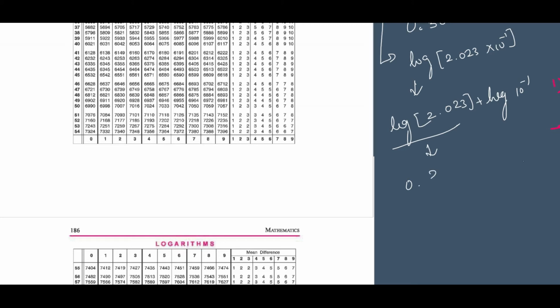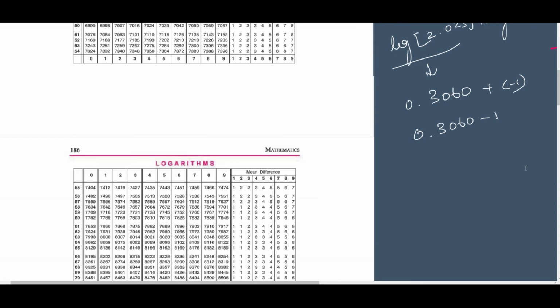So 0.3060. So here 10 power minus 1 is there, means it's nothing but x power n as per our rule minus 1. So what we will do? 0.3060 minus 1. Okay. So if it like this, what is your answer? So directly we have to make 1.00, 0.3060.